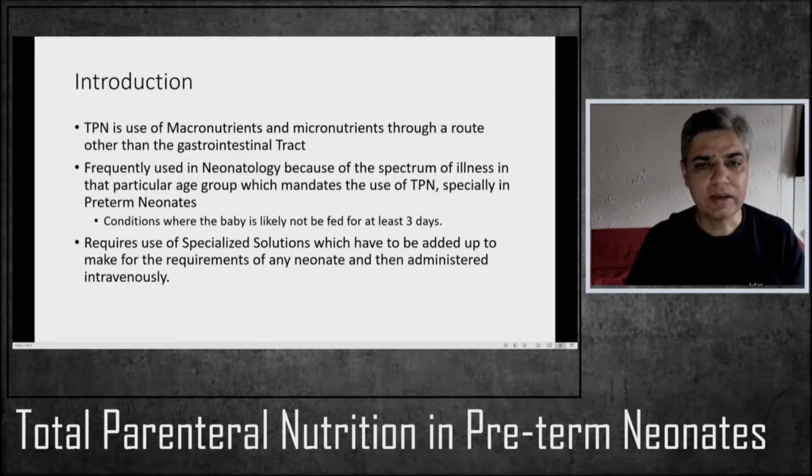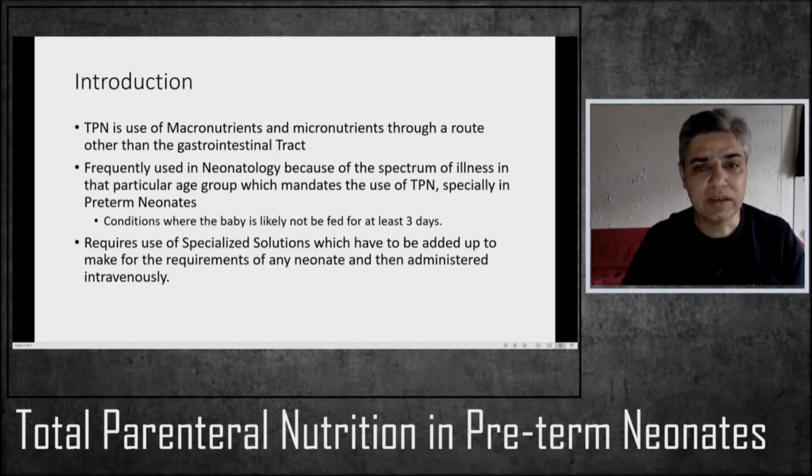Normally in a neonate or even in a preterm neonate, if they are tolerating oral fluids, expressed breast milk, or preterm formula milks usually contain enough macronutrients and micronutrients for the baby's growth.